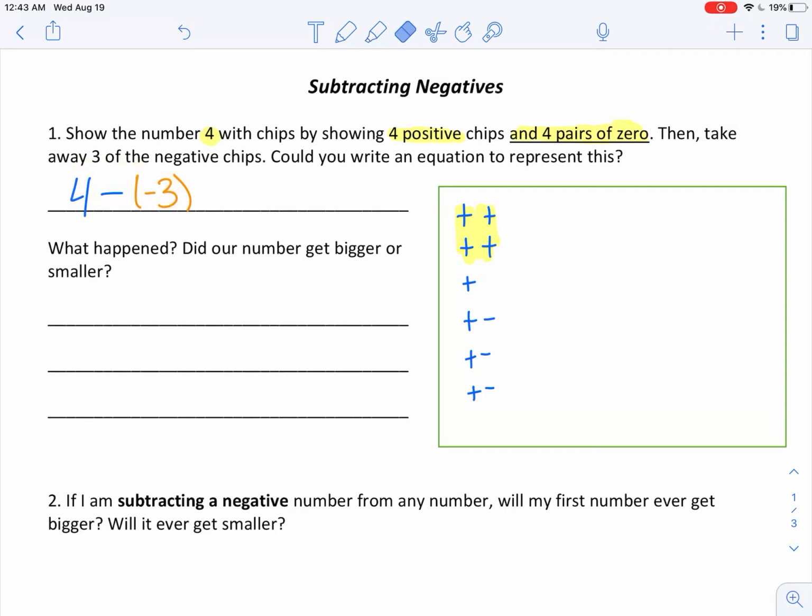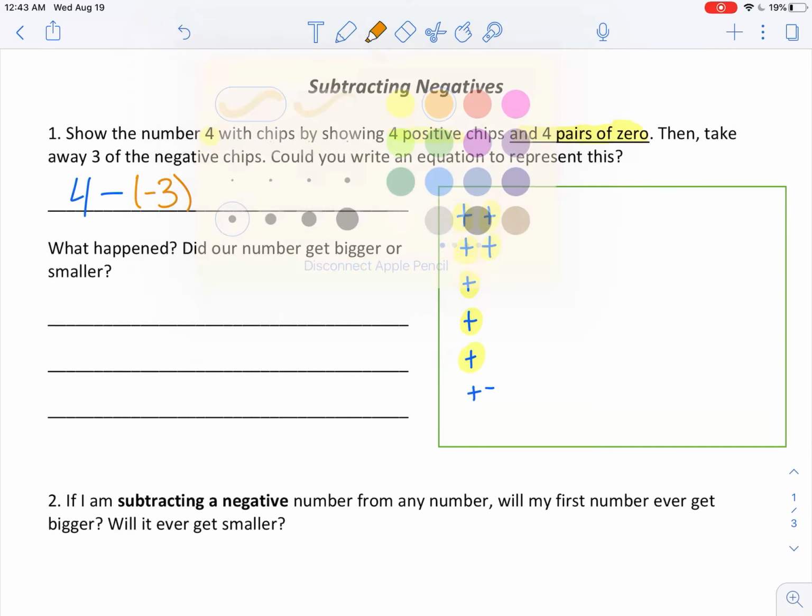So when I take away 3 negatives, I'll show that one more time. When I take away 3 negatives, what am I left with? I've got 1, 2, 3, 4, 5, 6, 7 positives all by themselves. And then what is this?